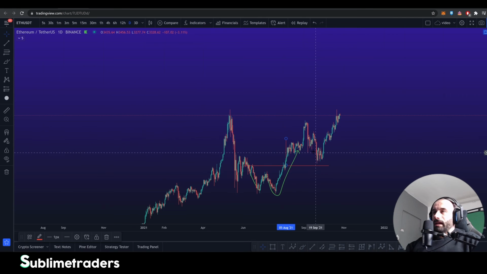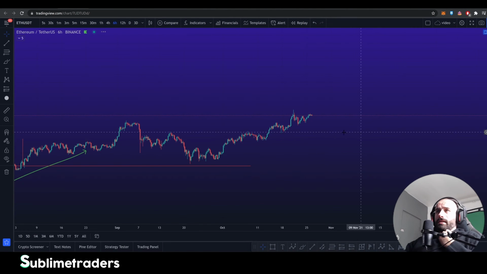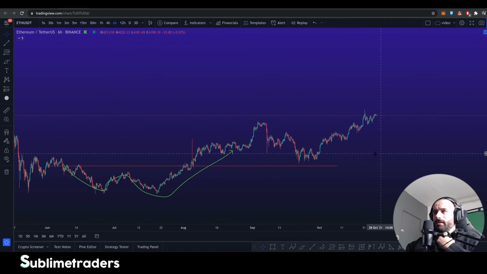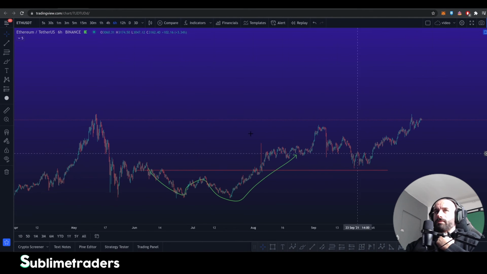Okay, so right now in the daily, we are more or less in the same formation. The only difference is the W right now, with the retest also that we had on the neckline of the W. And let's go back on lower time frames right here and see what's up with the price action.